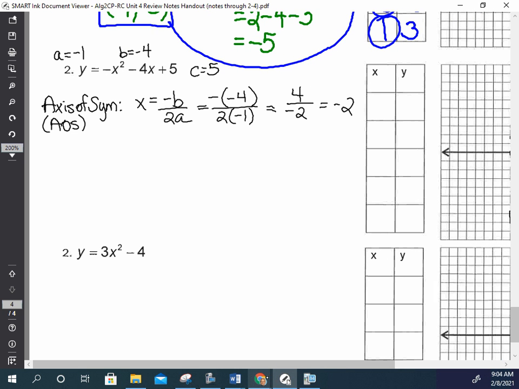So now we do the vertex. Remember, the vertex is a point. The vertex is an x and y point. The x value is the axis of symmetry. So we know what the x value is. It's -2.